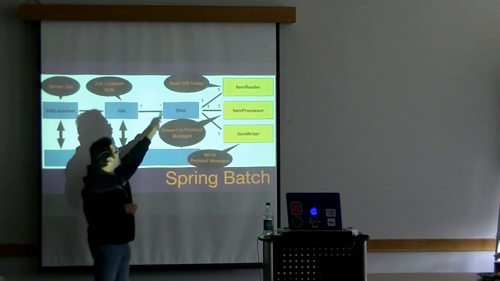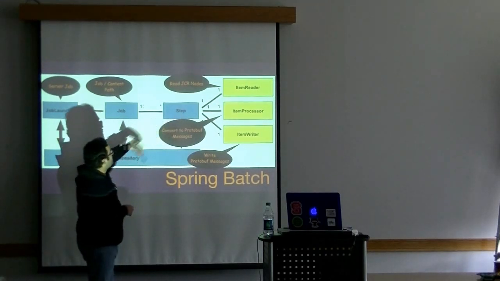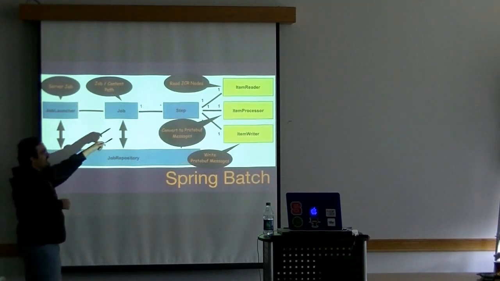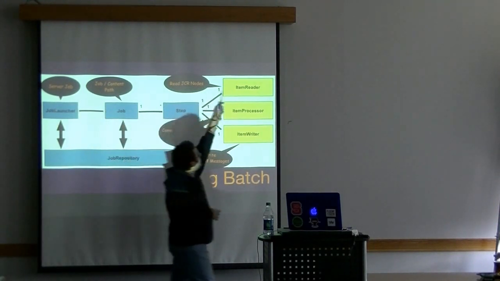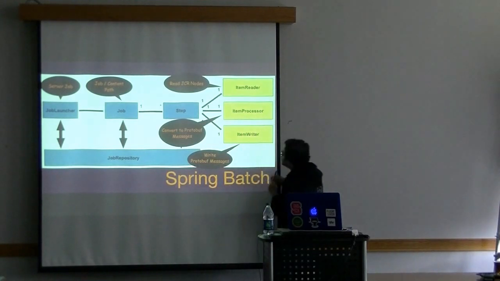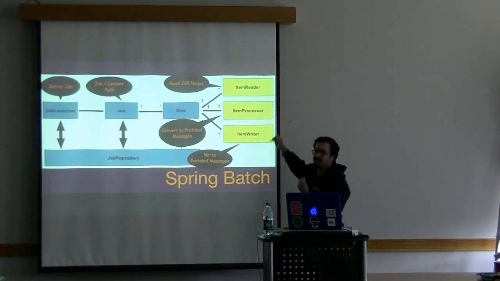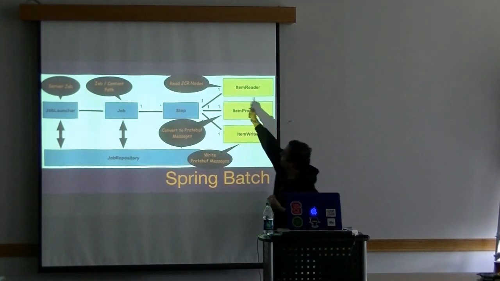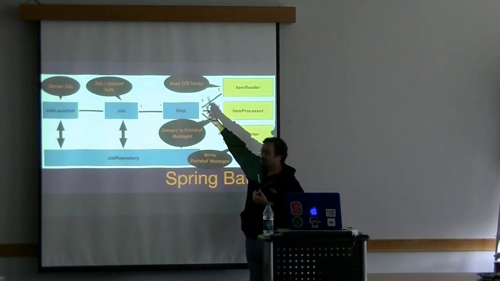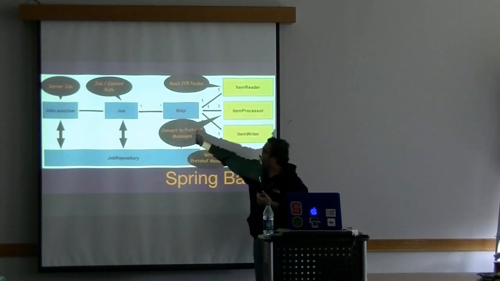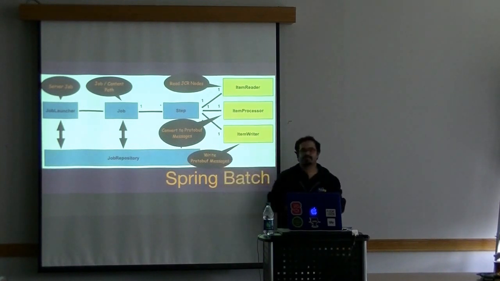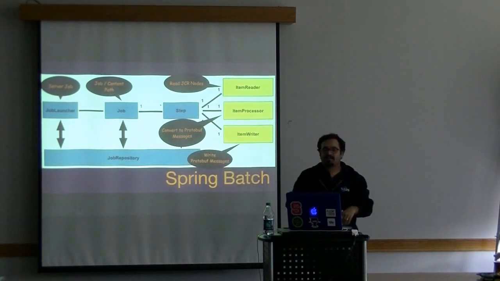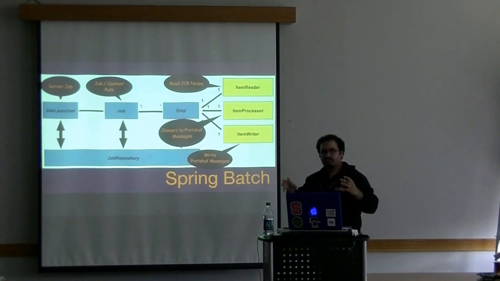A job can have multiple steps, one to n, and a step will have tasks in it, and that's where we have the reading, processing, and writing that we mentioned before. Reading will be reading JCR nodes from the server, processing will be converting it to the protocol buffer messages, and writing will be writing the protocol buffer messages to the output stream. Very simple example of how our use case fits into these boxes.